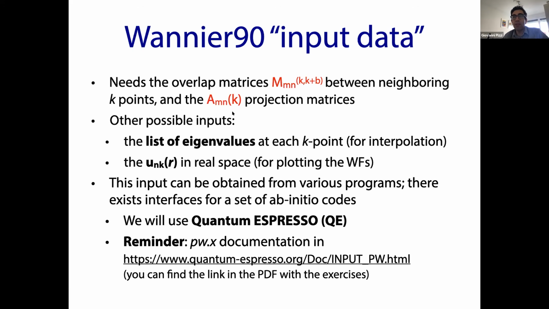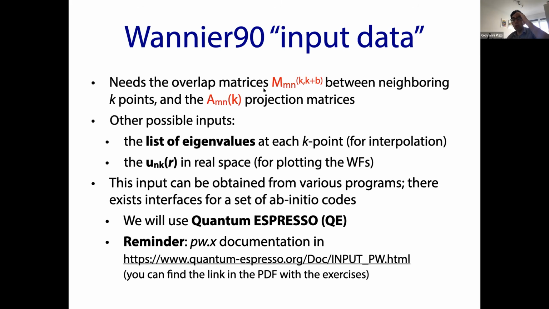So these two files are critical and you need to create them with an interface code between your ab initio code, we will see Quantum Espresso, and Wannier90. The nice thing is that Nicola and the code developers define this format of MMN and AMN in such a way that any ab initio code can produce the file in the same format, so that Wannier90 will always read the same MMN and AMN independent of which code they were produced from.